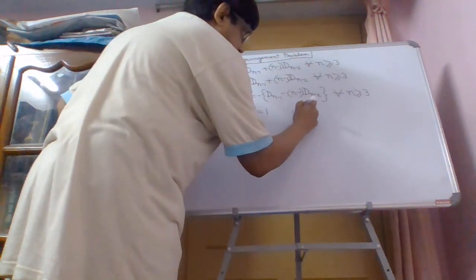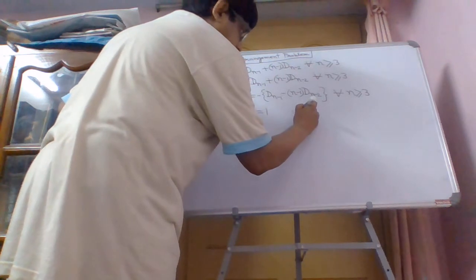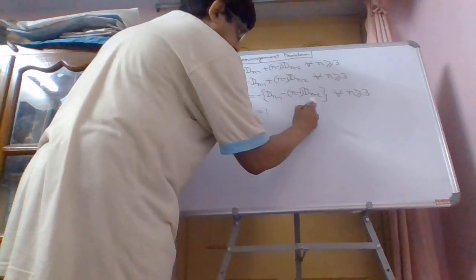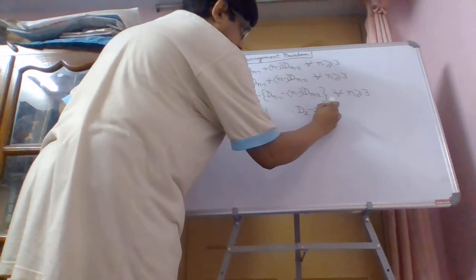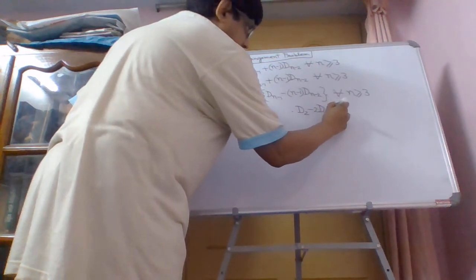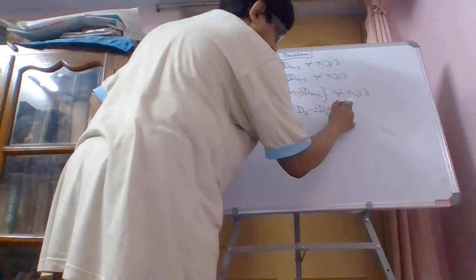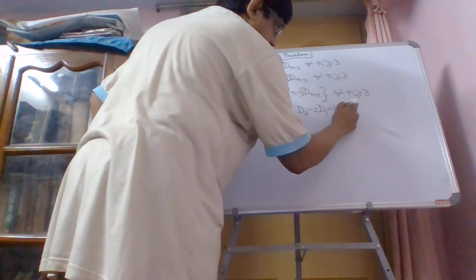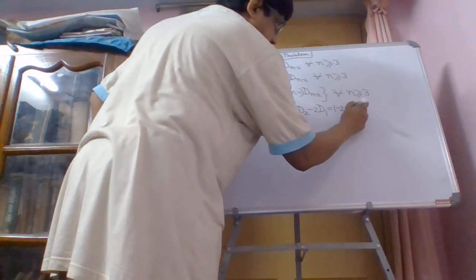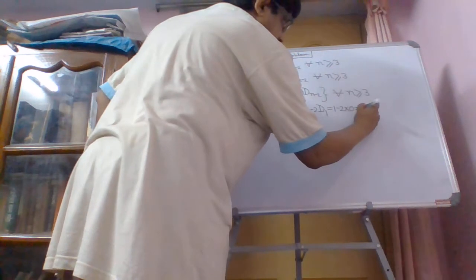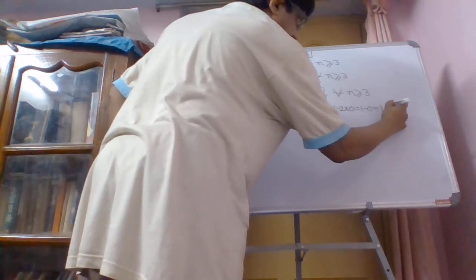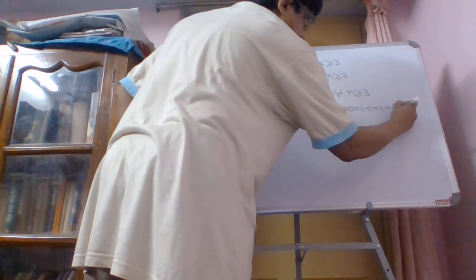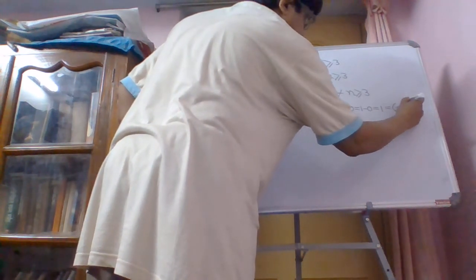Therefore, d2 minus 2 into d1 must be equal to 1 minus 2 into 0, and that must be equal to 1 minus 0, which is equal to 1, and that should be equal to minus 1 to the power 2.